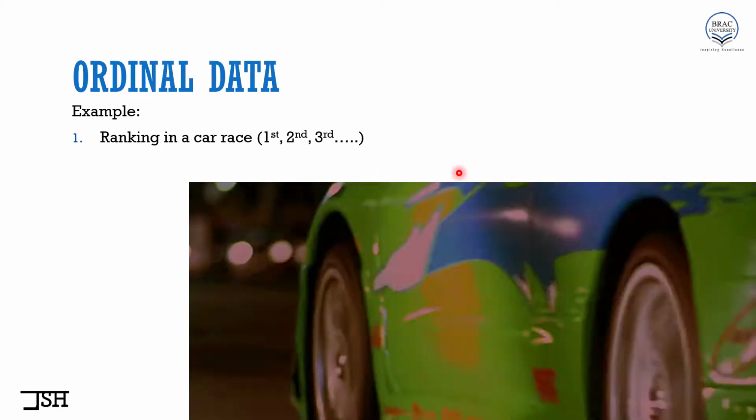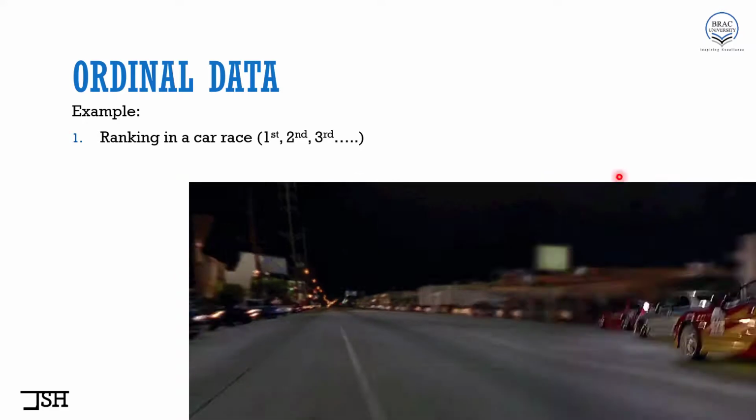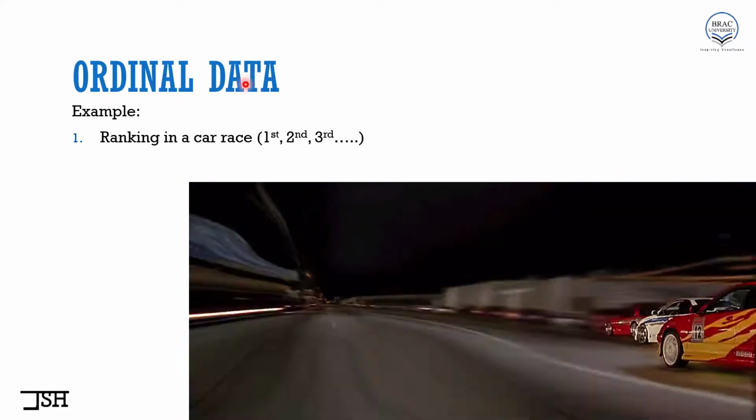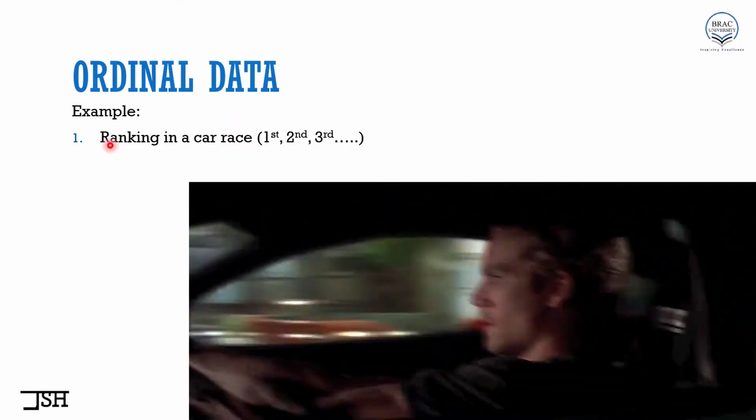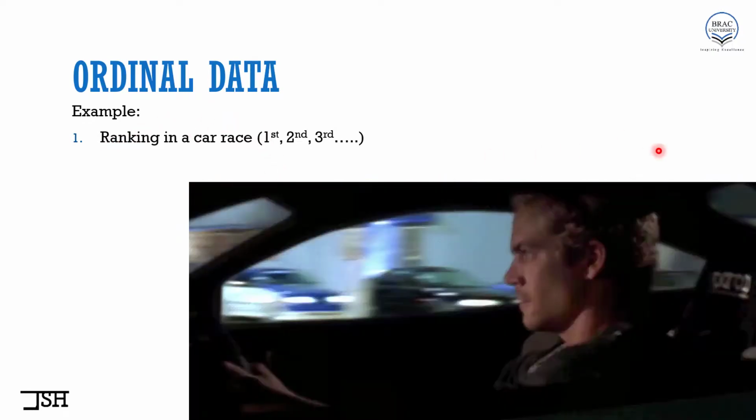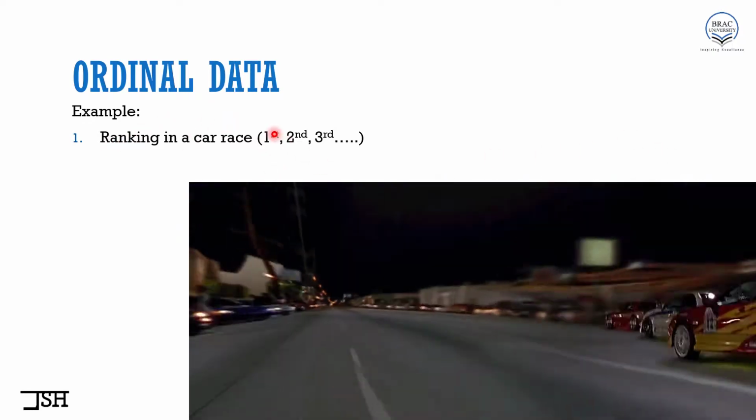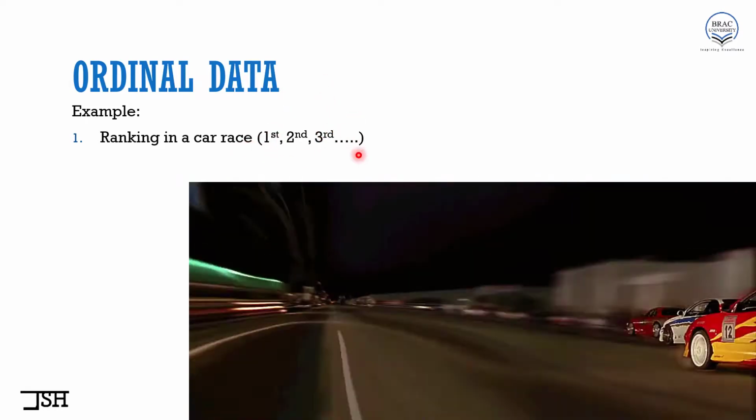So again, this was a race that took place somewhere, and at the end of the race, I give you a questionnaire and ask what is the position of this specific person in that race. And as your answer, you can provide first, second, third, fourth, and so on.